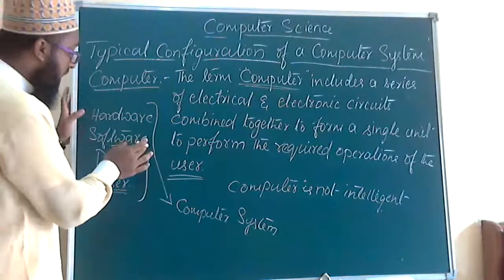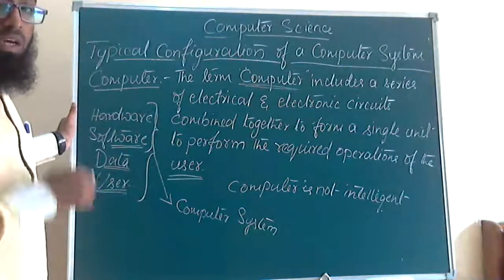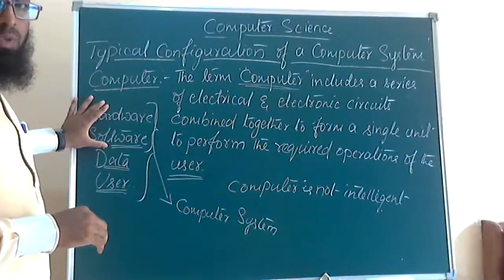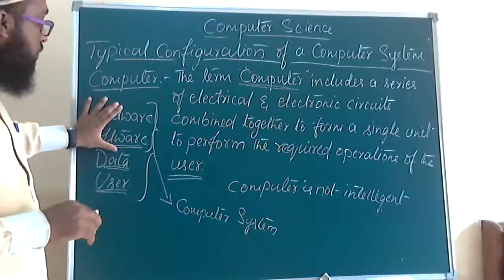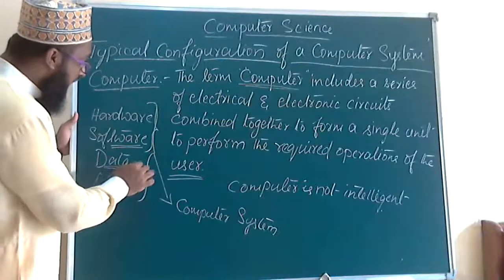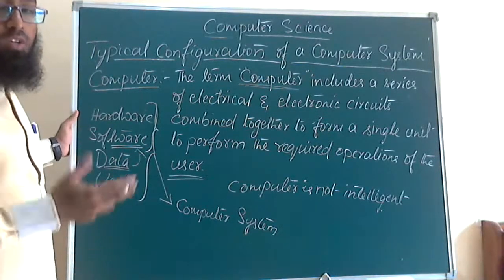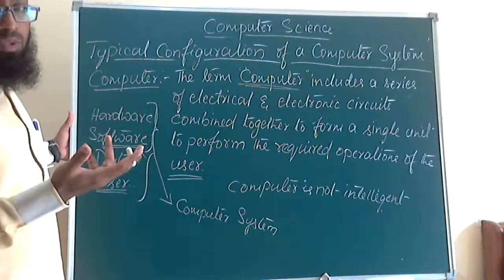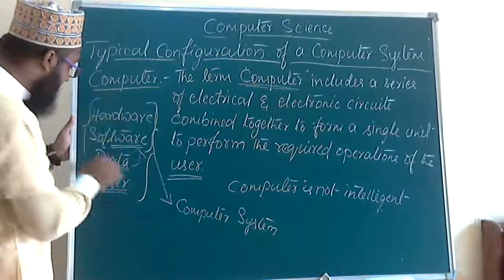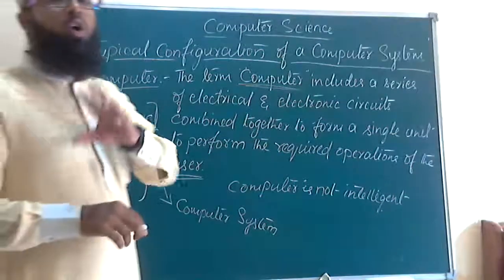If we have both hardware and software installed in the computer, then by just these two things the computer system will not work. If we store data in the computer, then also it is not useful because no one is there to operate the computer. And finally, when the user joins these three things, hardware, software, and data, at that time the computer will operate.